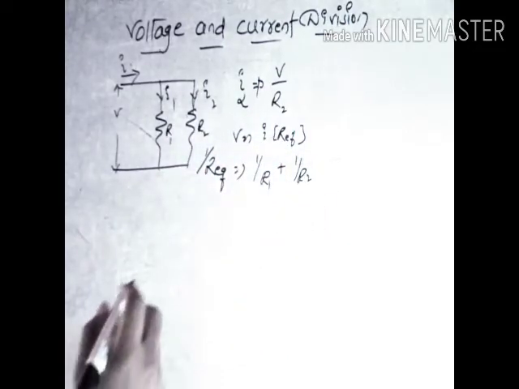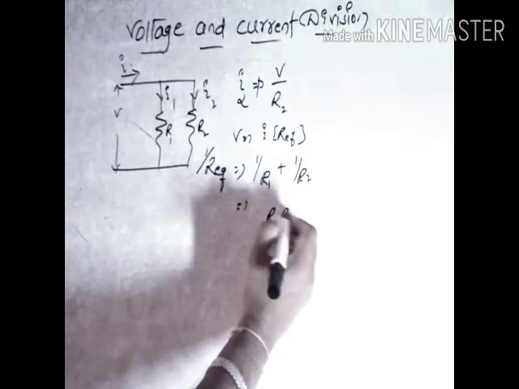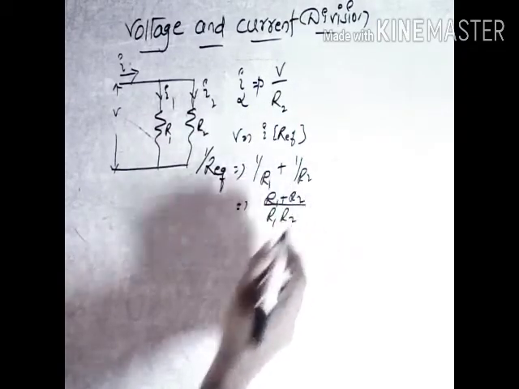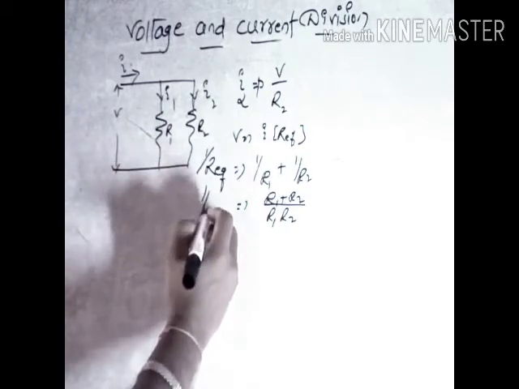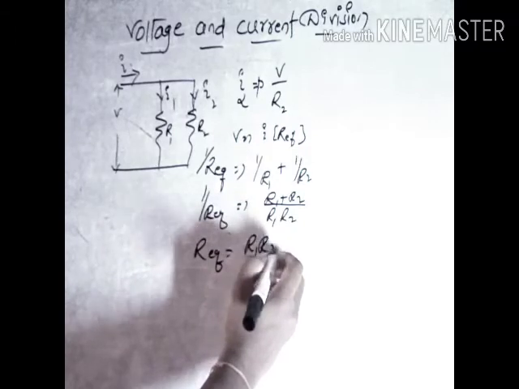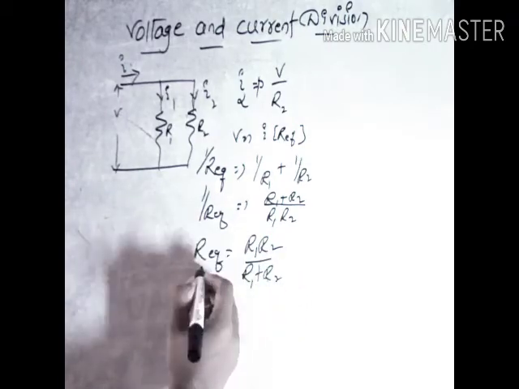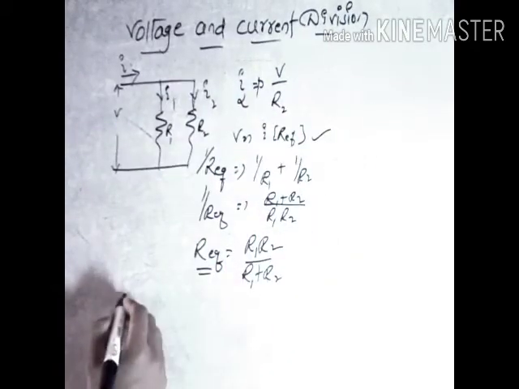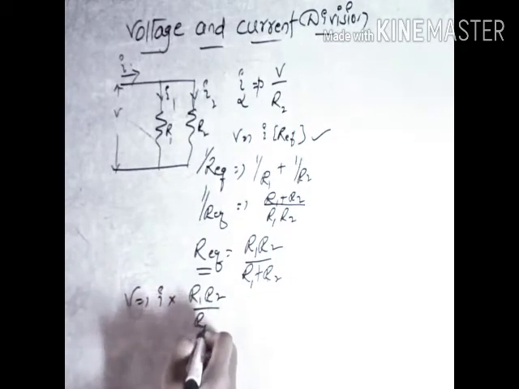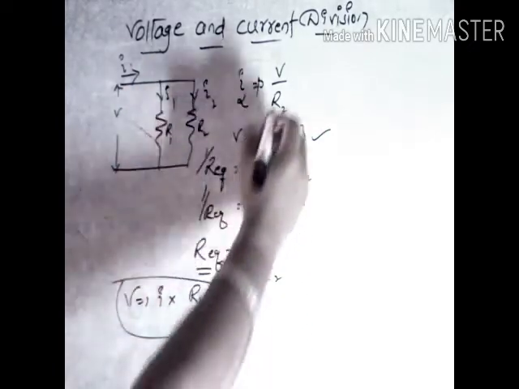So 1 by R equivalent equals (R1 plus R2) by R1 R2, and R equivalent can be written as R1 R2 by (R1 plus R2). This R equivalent is substituted in this equation, that is V equals I into R1 R2 by (R1 plus R2), and again we will substitute this V value in the next equation.